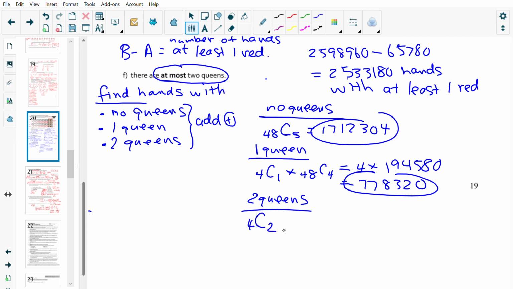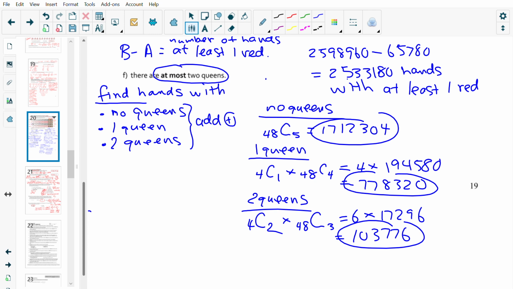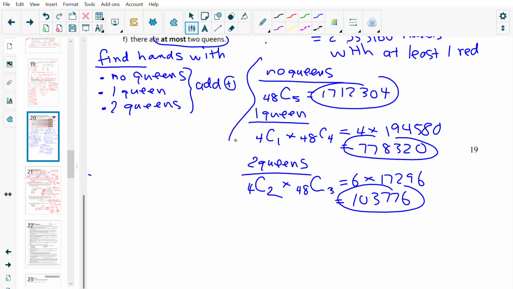Last one, 2 queens. 4 queens to select from. I'm selecting 2 cards. Okay, 48 remaining cards to select from. I'm selecting how many? 3. Okay, and then there are 103,776 possible 5-card hands with exactly 2 queens.